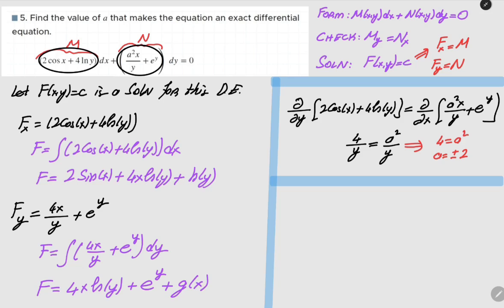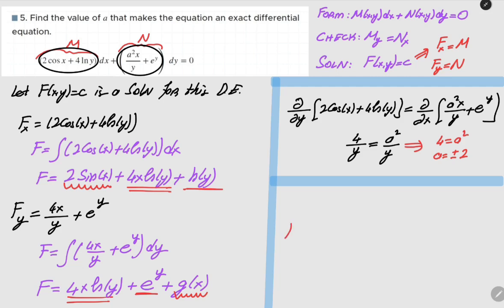And what about the solution? Let's check it. Here are the common terms in both cases for the function f, and we observe that g of x should be 2 sine x, and on the other hand h of y should be e to the y.